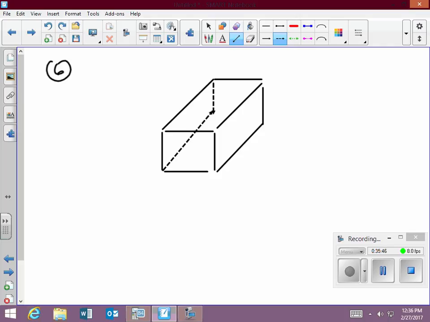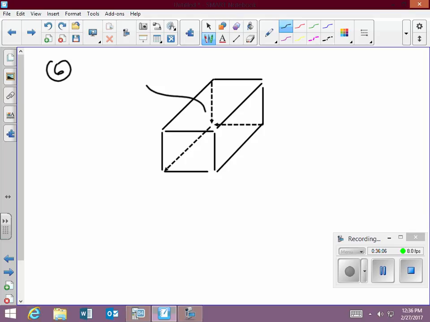Didn't want to do that. Okay. So this area here, 63 centimeters. Side is 42. And its end is 54.